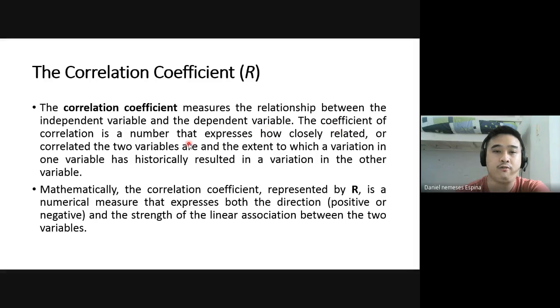So the coefficient of correlation is a number that expresses how closely related the two variables are and the extent to which a variation or the difference in one variable has historically resulted in a variation in the other variable.